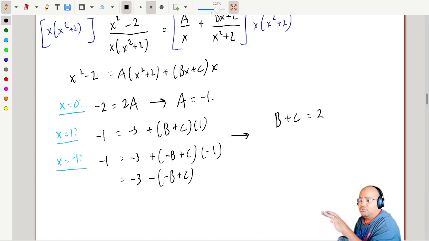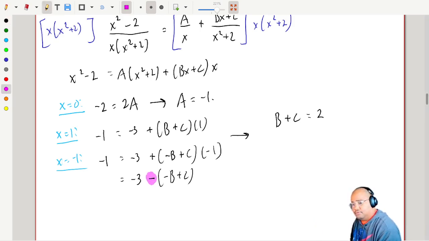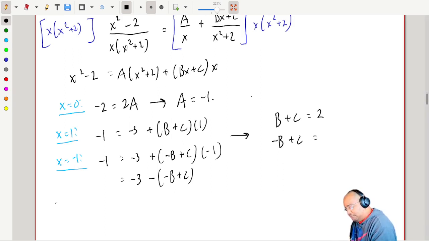And for the second, negative 1 plus 3 is a positive 2. But take a look, I still have this negative here, so I divide by a negative 1. Let's do this very carefully. Negative b plus c equals, well, here's what we would have in the step before: 2 equals negative of negative b plus c. Now I divide by negative 1, so I get a negative 2 there.